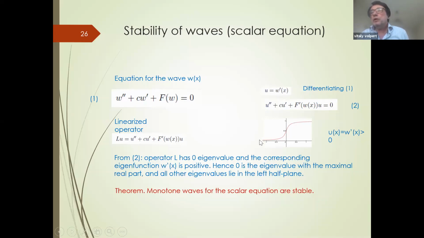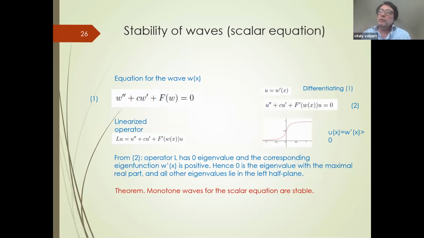If we consider monotone waves, W(x) is a monotone function, so W prime is positive. Now we apply this Krein-Rutman theorem, which tells us that the only positive eigenfunction corresponds to the principal eigenvalue. We conclude that 0 is the principal eigenvalue.